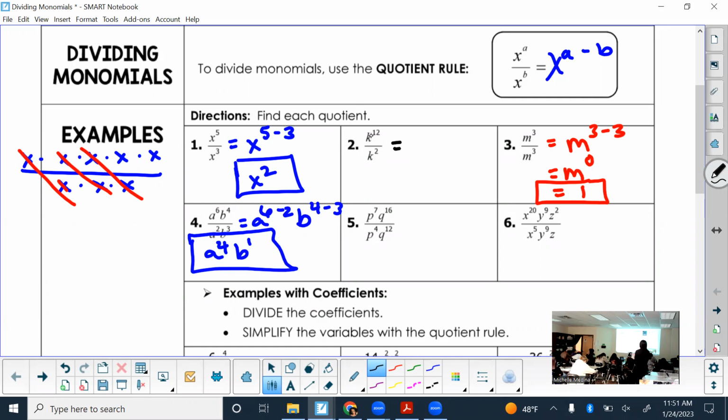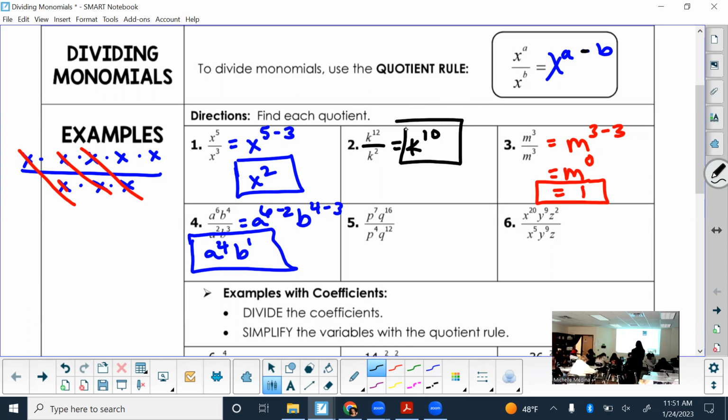What do I do with the exponent? Not in this one. So if they're in a fraction problem, a division problem, you subtract them. So 12 minus 2 would be 10. Good. All right, so that's the answer for 2.